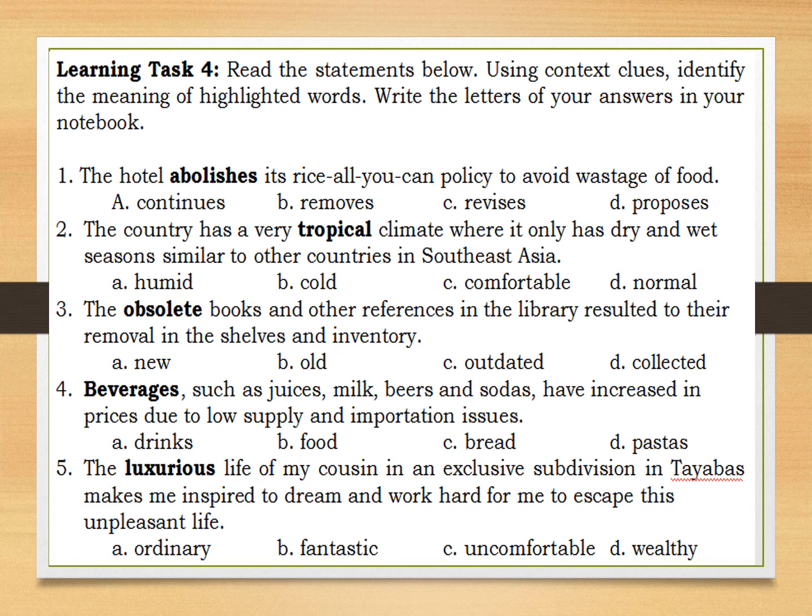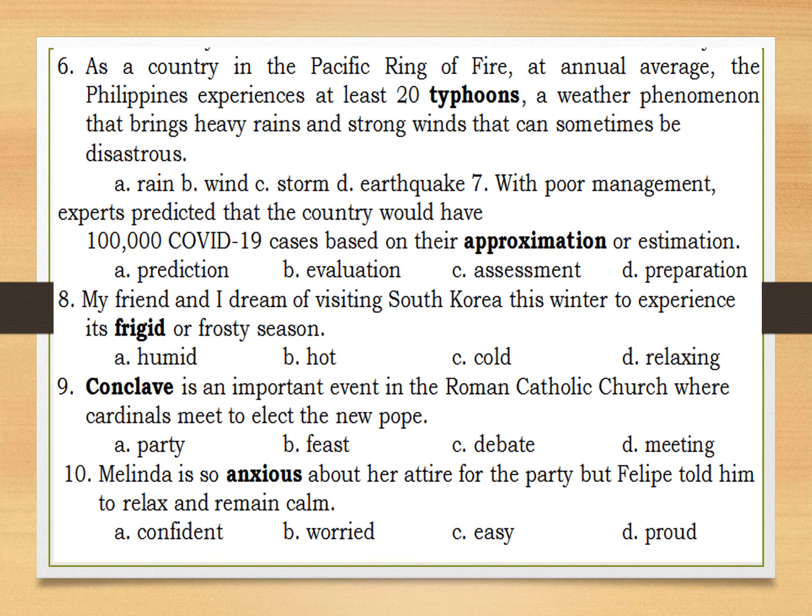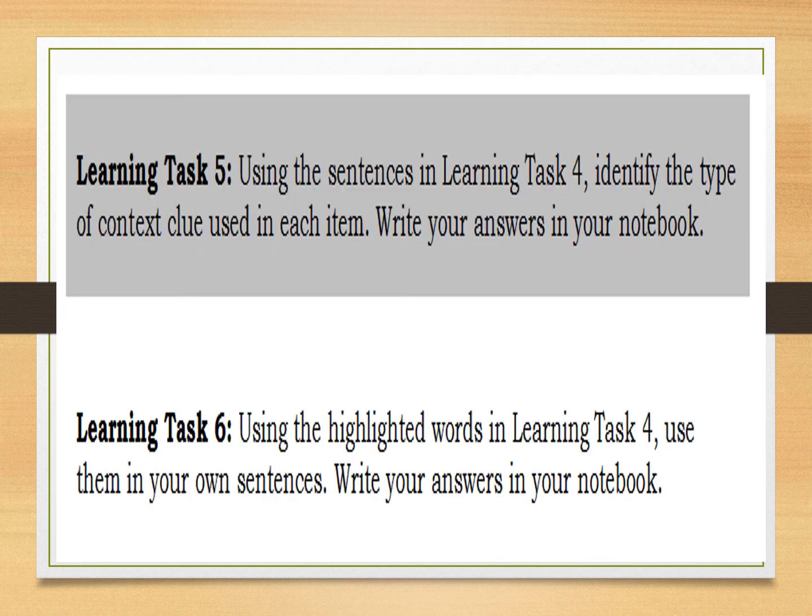Now, let's move on to learning task 4. Read the statements below. Using context clues, identify the meaning of highlighted words. Write the letters of your answers in your notebook. Let's move on to learning task 5.